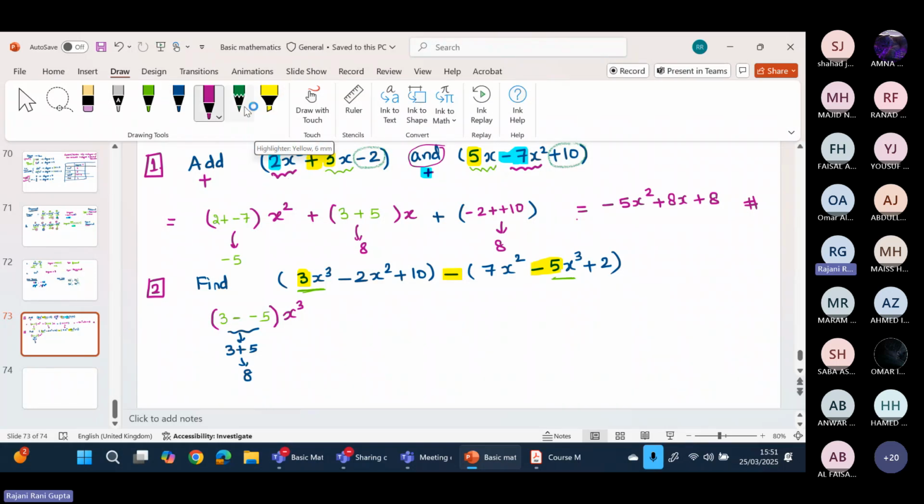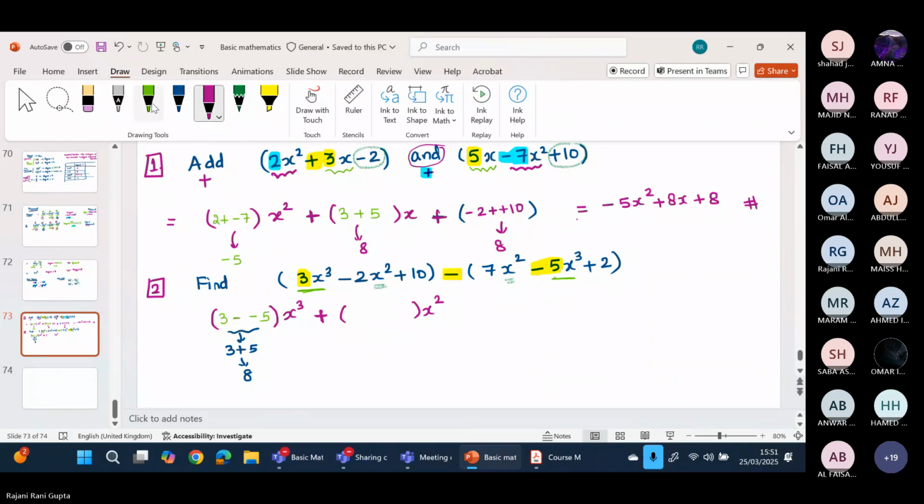Moving to the second like term: x power 2, x power 2. By default, write plus here every time, whatever the sign, you will get it by the calculation.